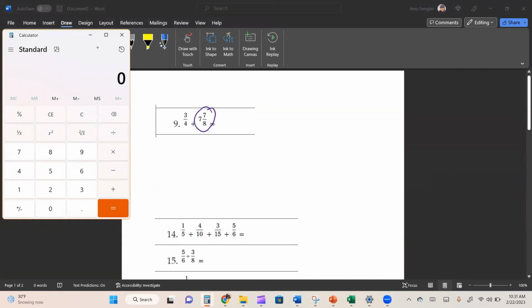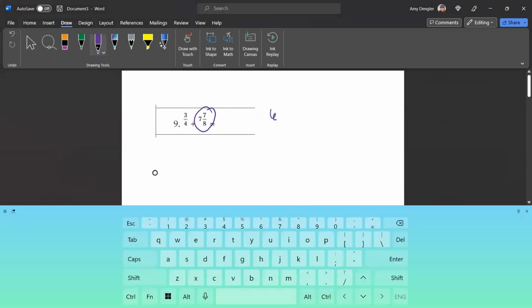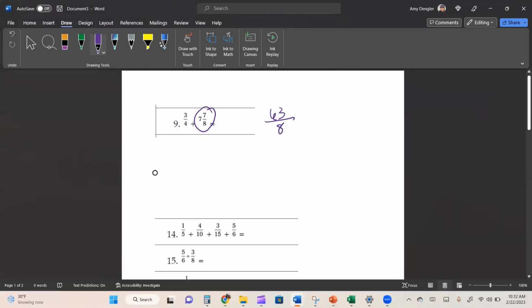And then we will add the top number, the numerator, to that, and we get 63. We leave the denominator the same. And now we can do our problem.